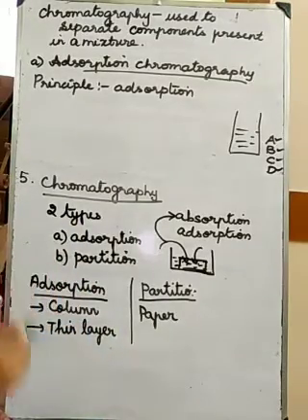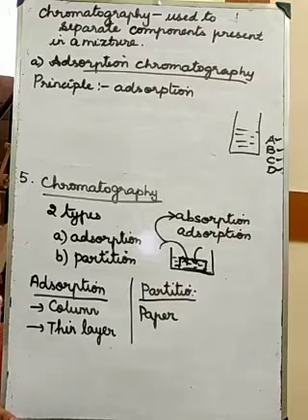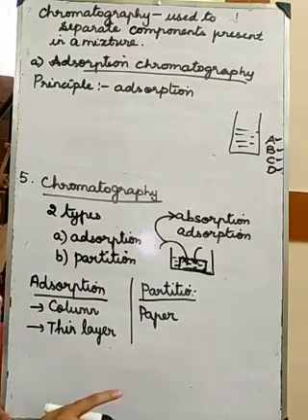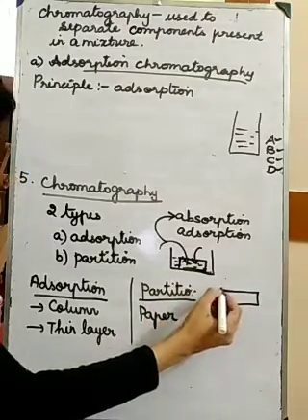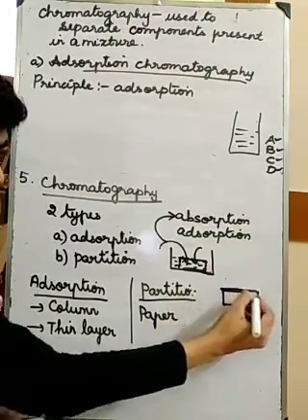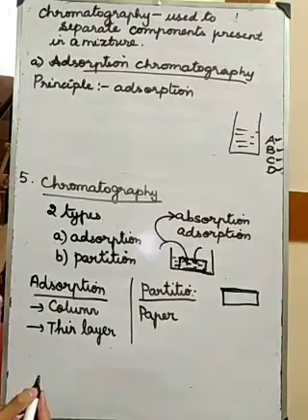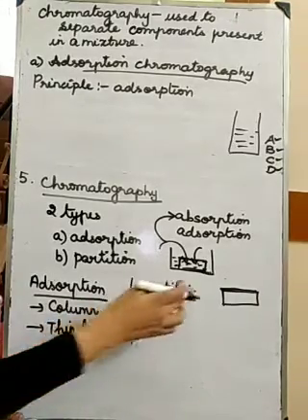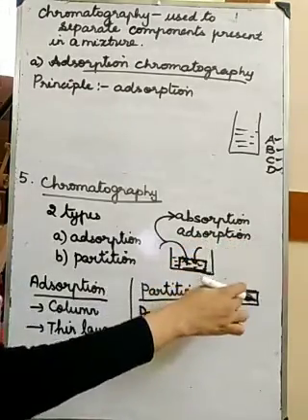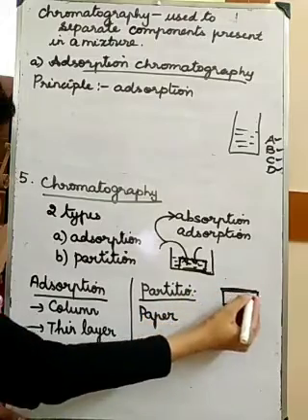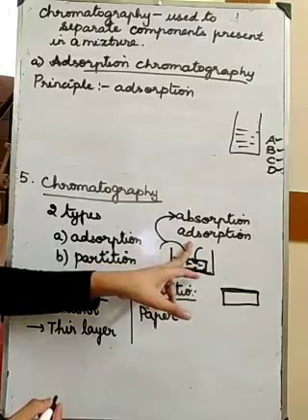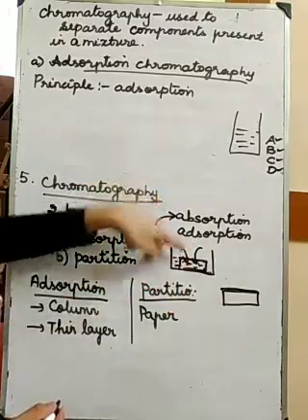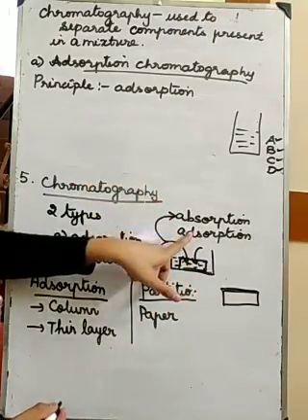What will happen to the ink? Is it going inside the duster? It will not go inside the duster. Where it will go? It will be attached on the surface of the duster. Okay. So if the substance, instead of going inside, gets attached on the surface, then it is called adsorption. If the substance goes inside, it is called absorption.